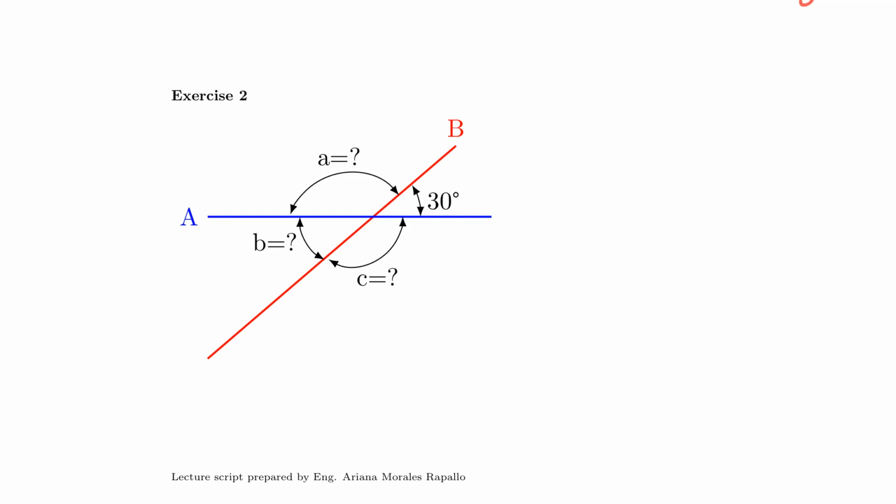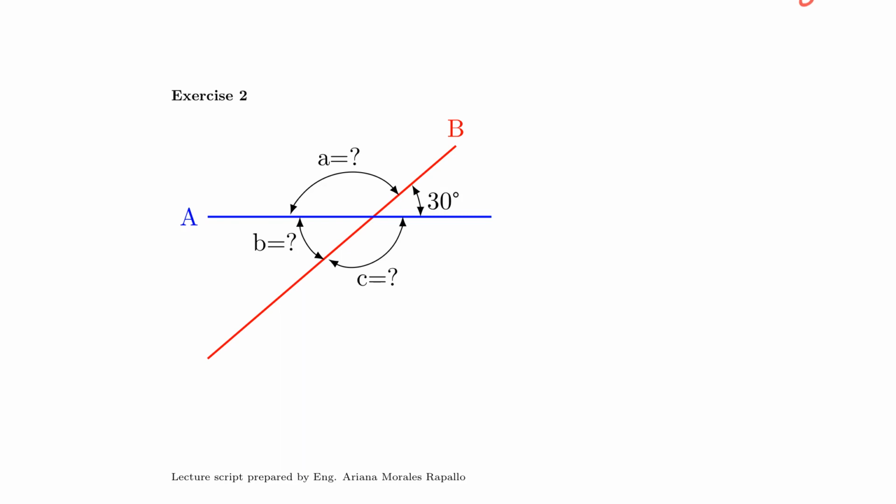Here we have a line A intersecting with a line E, creating an angle of 30. This is the only information we are given. We have to find the value of A, the value of B, and the value of C. So the first thing we should do is let's define the opposite angles. Which angles are opposite to each other?